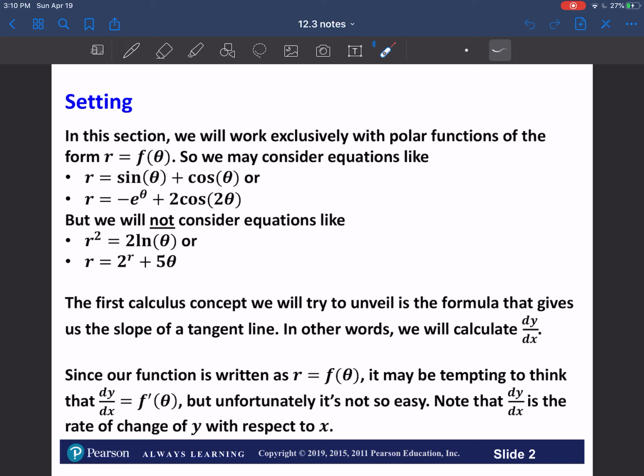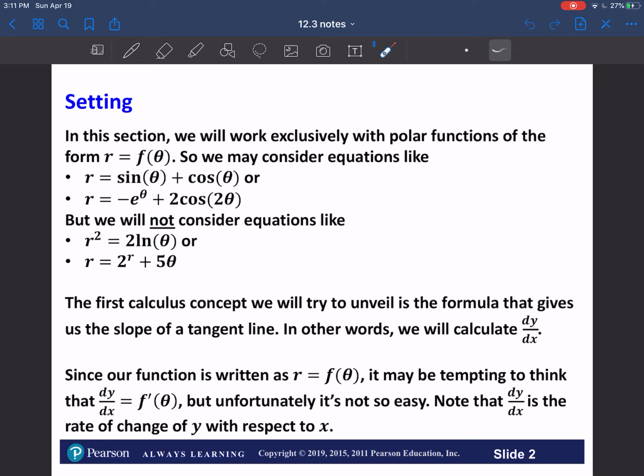So the first thing that we're going to try and talk about is the formula that gives us the slope of a tangent line. So in other words, we're going to try and calculate dy by dx. One common mistake is that since our function is written as r equals f of theta, it might be tempting to think that the derivative dy by dx is equal to f prime of theta, but it's not quite that easy.